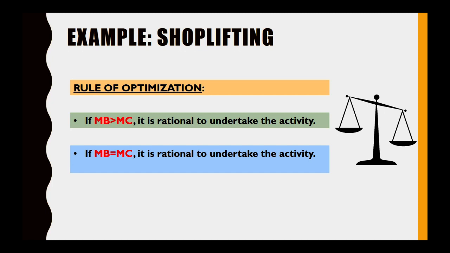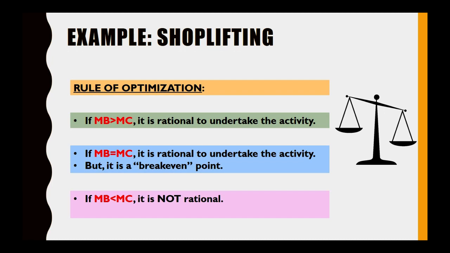So do we agree, guys, that when we're at this point of equality, we're going to have a break-even point, but it's still rational, because it's not irrational? And then finally, if the marginal benefits of doing something is less than the marginal cost of doing something, it is not rational.